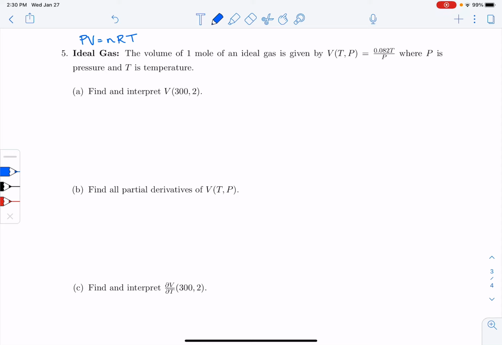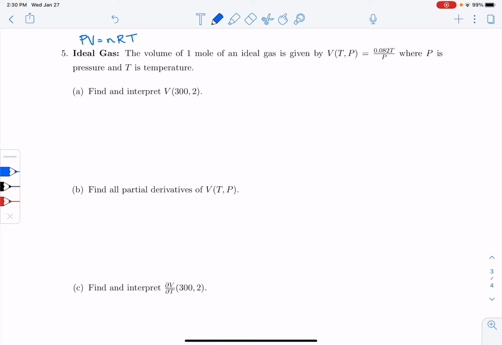So we get that volume is a function of temperature and pressure, and it's given by 0.082 times T over P, where P is pressure and T is temperature.